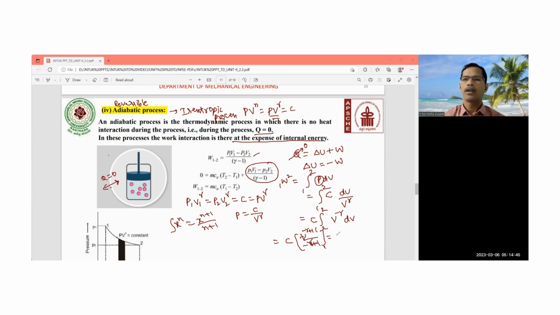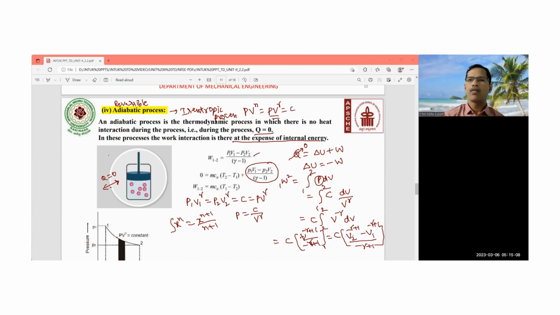So what you will get here? C into V2 to the power of minus gamma plus 1 minus V1 to the power of minus gamma plus 1, divided by minus gamma plus 1.